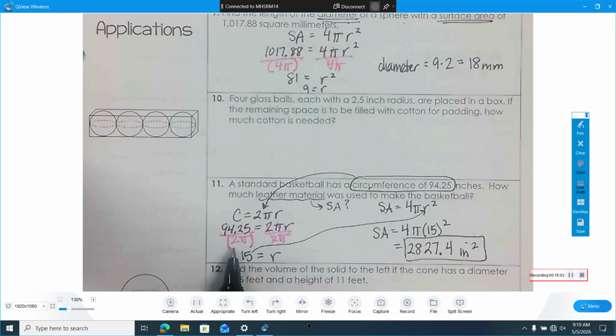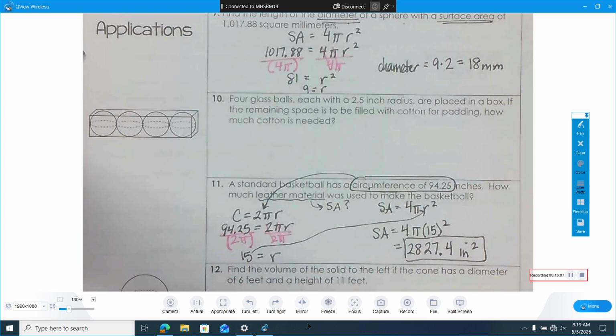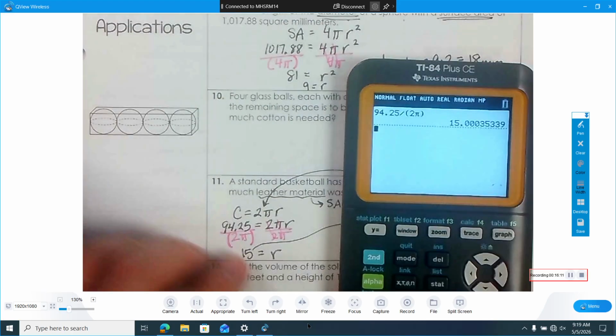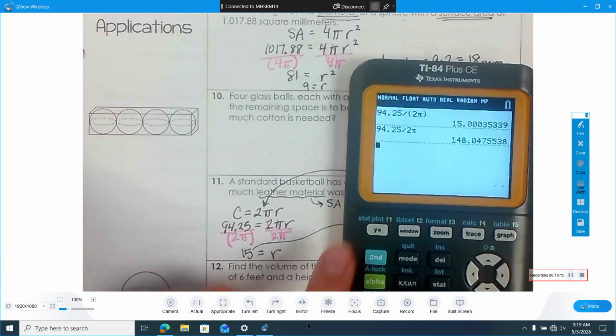But I love that we did the divide by 2 pi and divide by 4 pi. Again, those parentheses are important in your calculator. Without those parentheses, watch what happens. Divided by 2 pi, I get a much larger number. Huge number. And the reason is when your calculator reads this, it says, okay, 94.25 divided by 2.